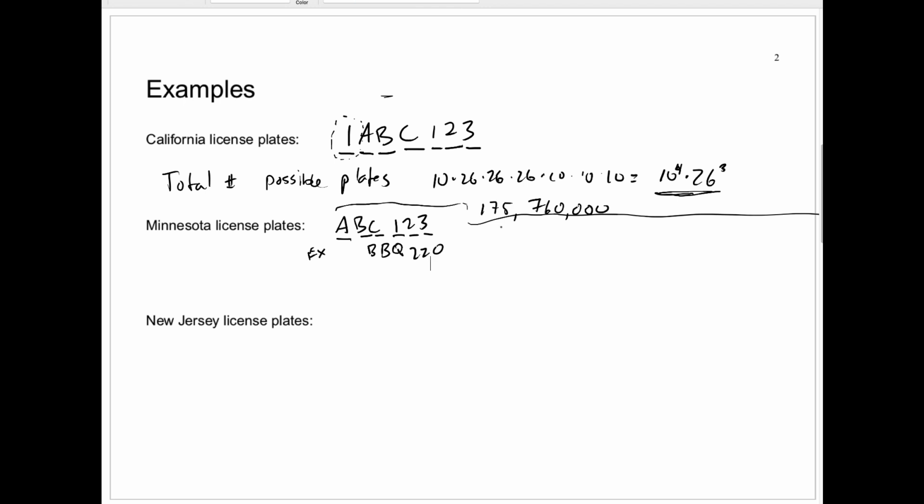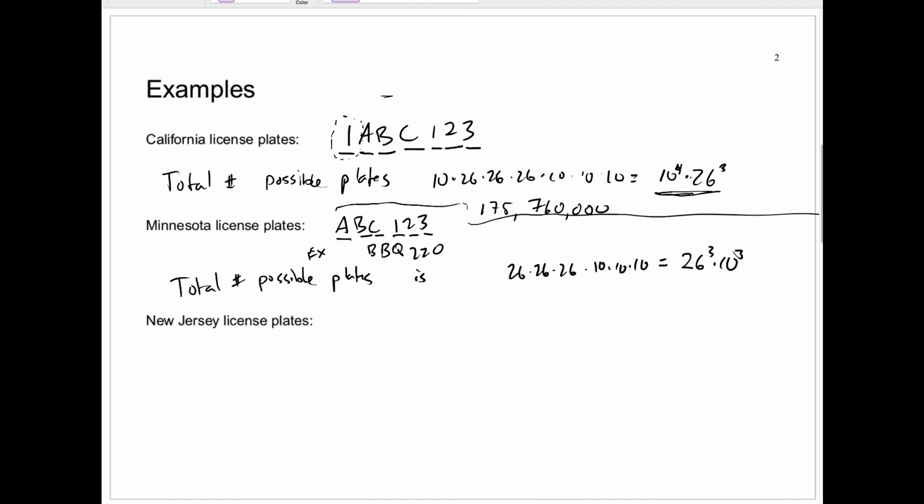How many ways can you make a string like that? Well, the total number of possibilities is just 26 times 26 times 26 times 10 times 10 times 10, or we would just write very quickly 26 cubed times 10 cubed.